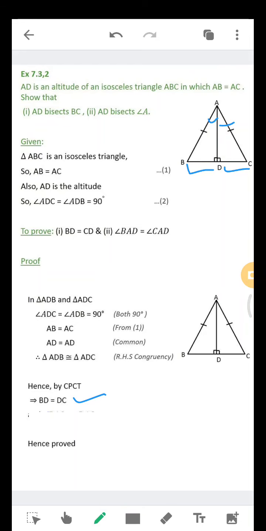So finally it is proved that this altitude bisects the angle as well as the base, that is BC.